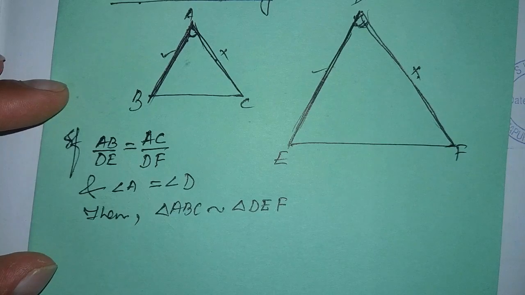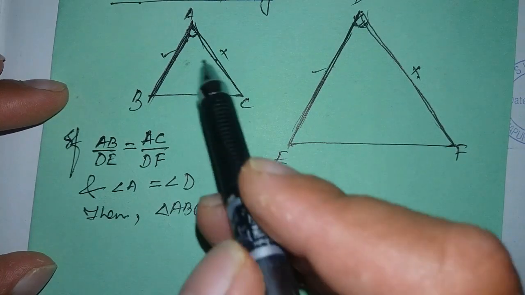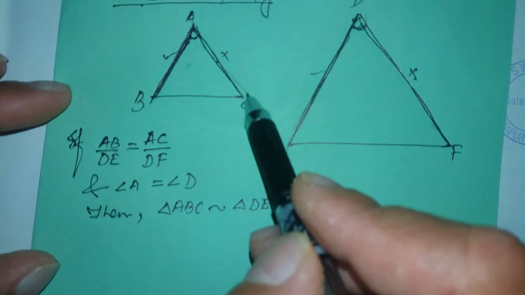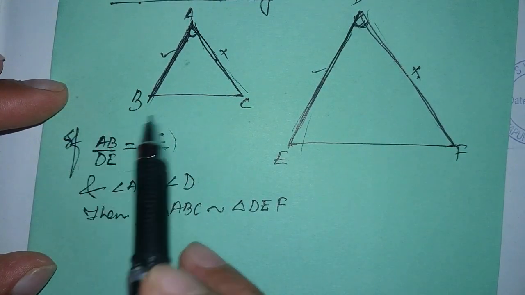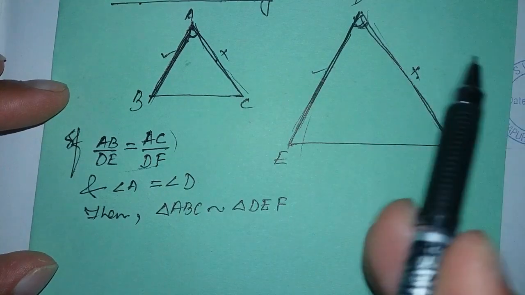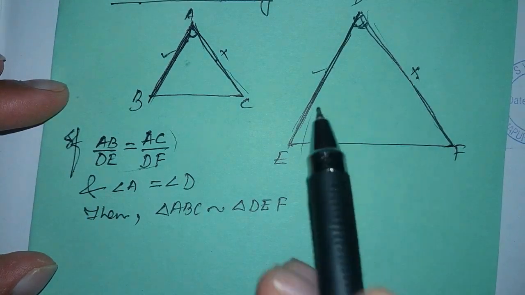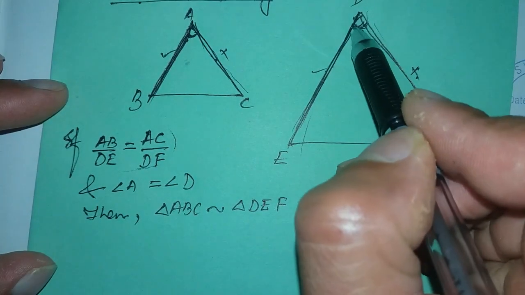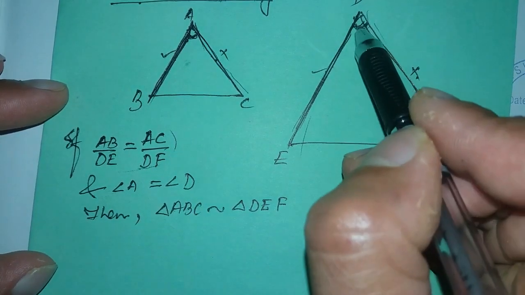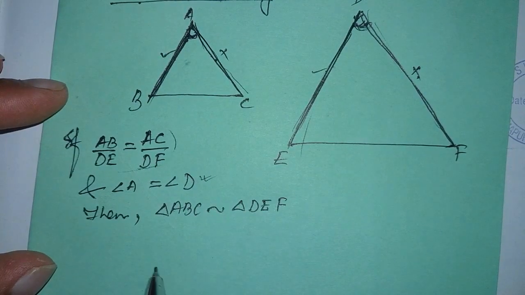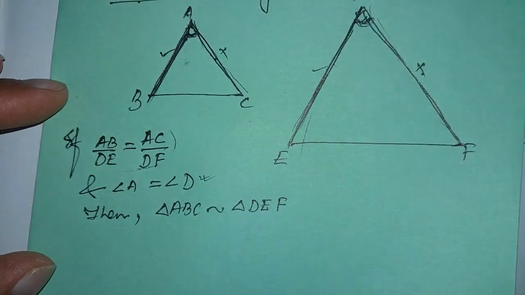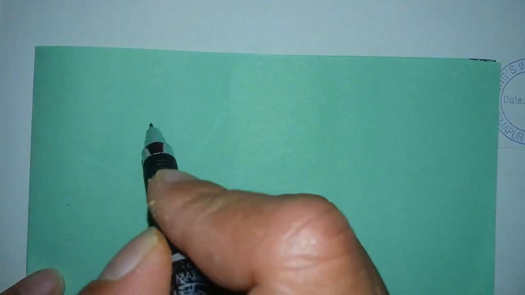So here we just need to check whether the ratio of any two sides of these two triangles is equal or not. If they are equal, then we will check whether the included angles are equal or not, and if they are equal, then we will say that the two triangles are similar. I will show you here.